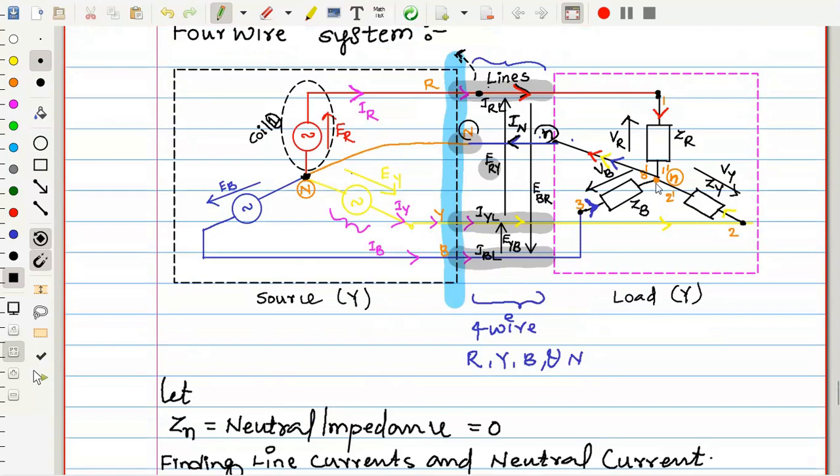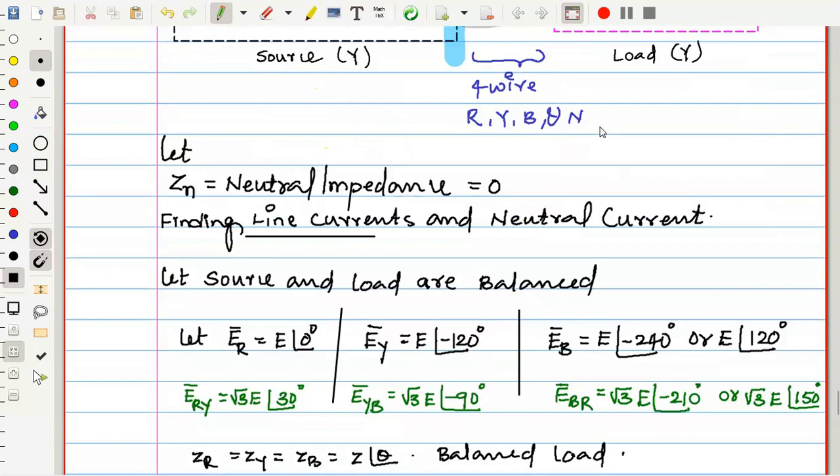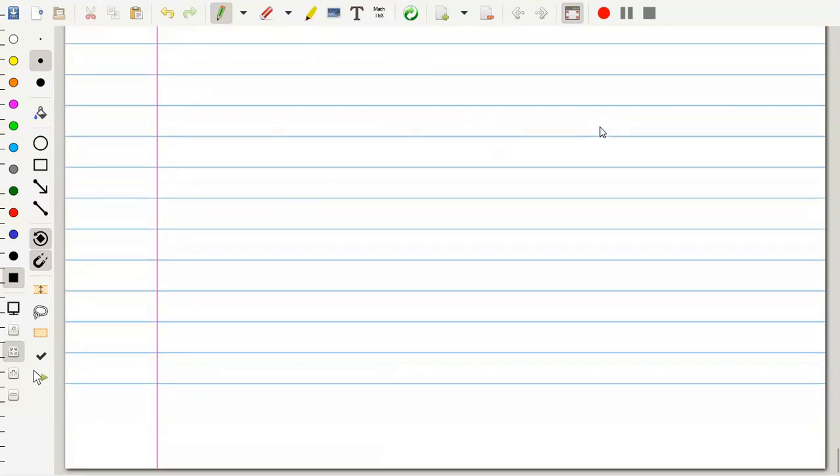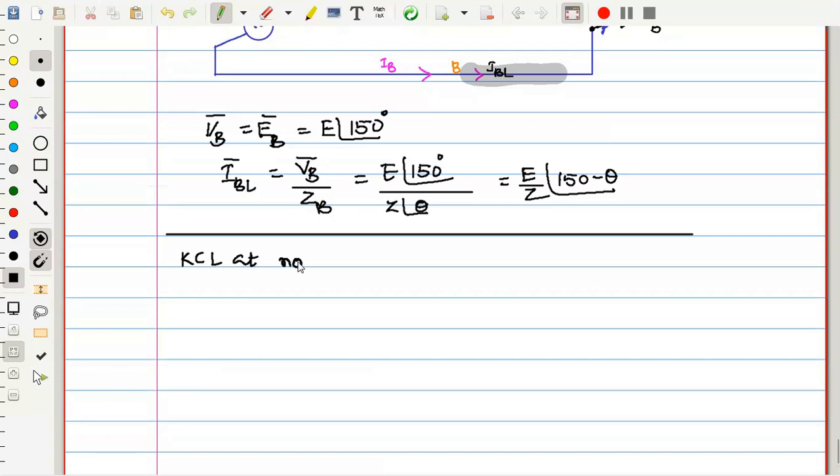Check it here. If I write the KCL over here at the load neutral terminal small n, entering currents is equal to leaving currents. So I capital N is equal to IR plus IY plus IB. So I'm writing that corresponding equation. Now referring to that diagram, KCL at node small n.